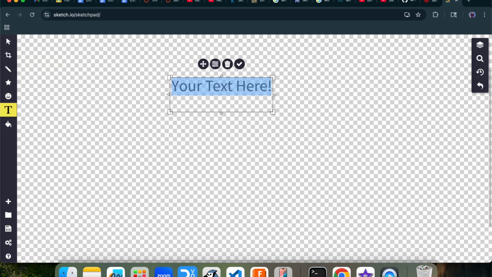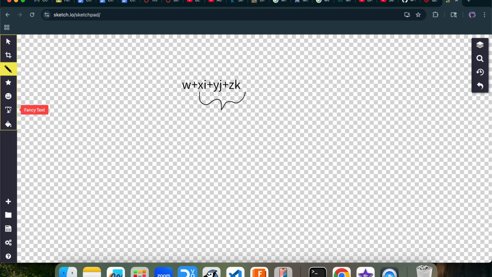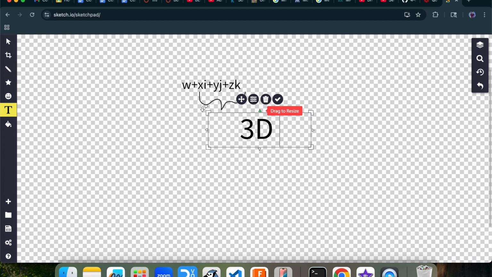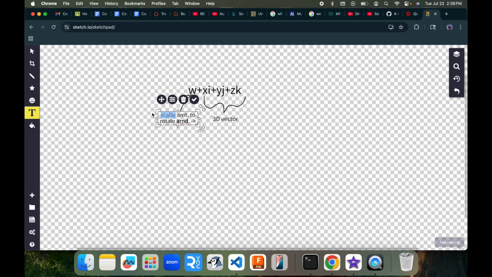and so essentially quaternions can be represented like w plus xi plus yj plus zk, and that's sort of the amount to rotate around it.